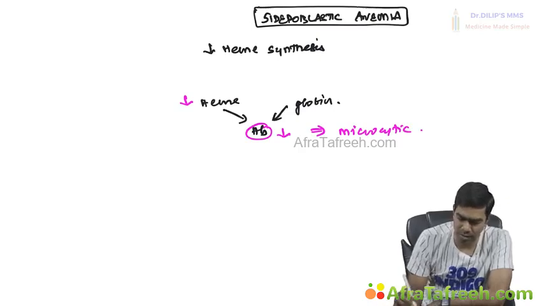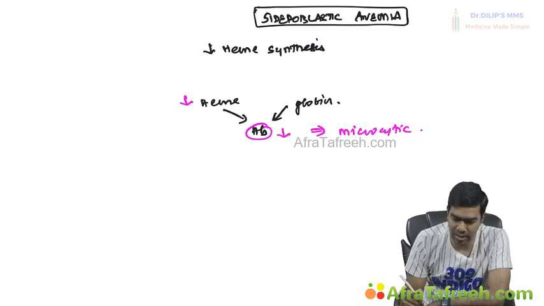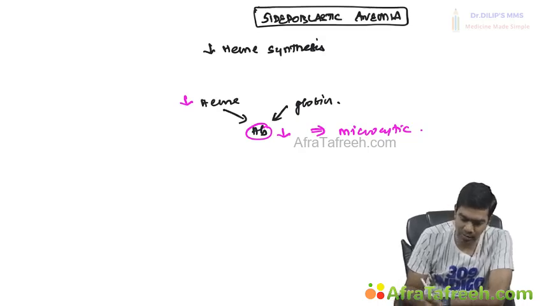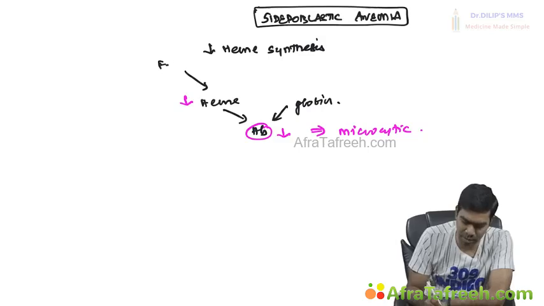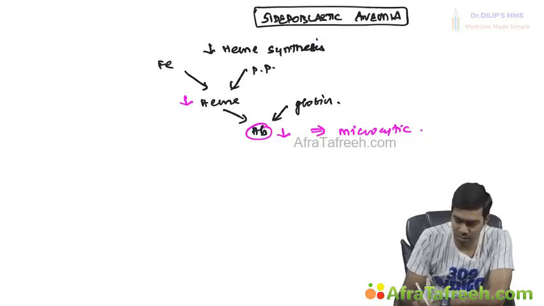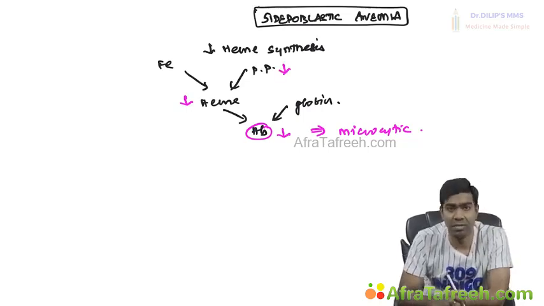Okay, fine. So what is the reason for this reduced heme synthesis in a sideroblastic anemia? I told you, heme comes from iron and protoporphyrin. It is not because of iron, it is because of protoporphyrin.